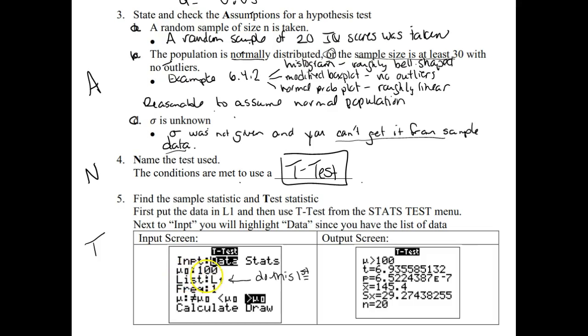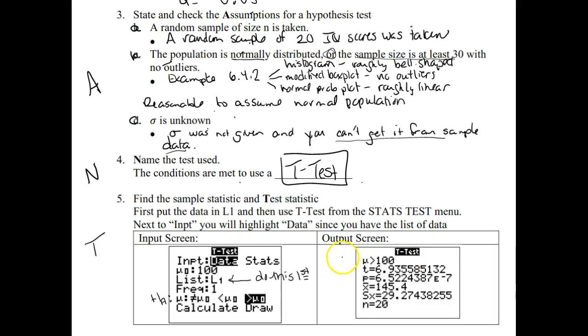Our null hypothesis here, mu sub 0, is 100. Next to list, we would type L1, second function 1. Frequency, the default there is 1, and we're never going to change that, so that should say 1. And then here, again, we pick what our alternative hypothesis is, so we're going to choose mu is greater than mu sub 0.